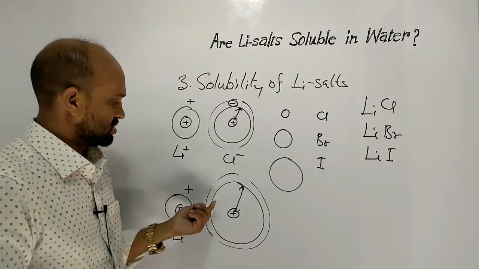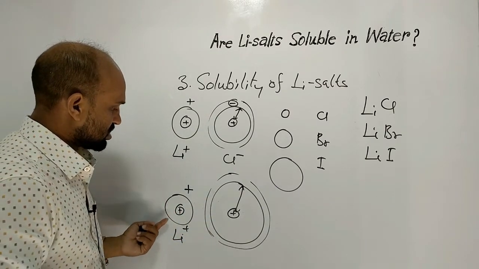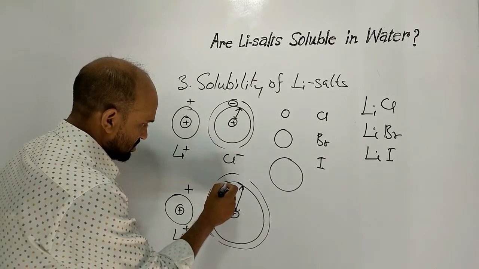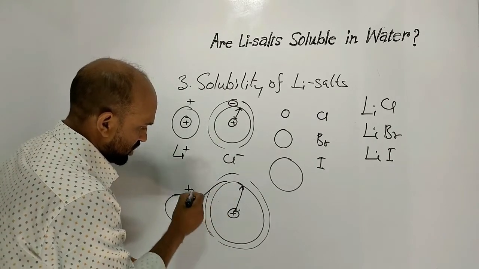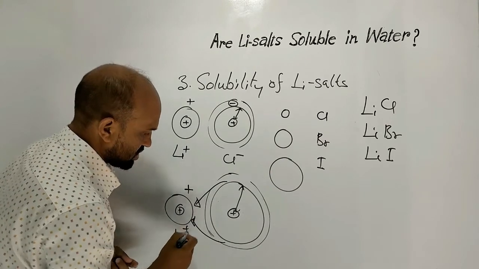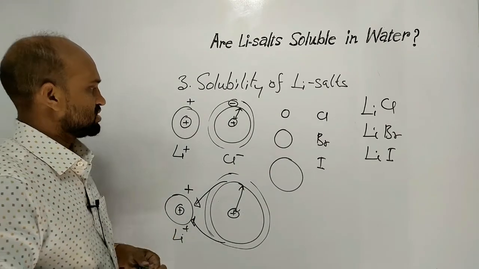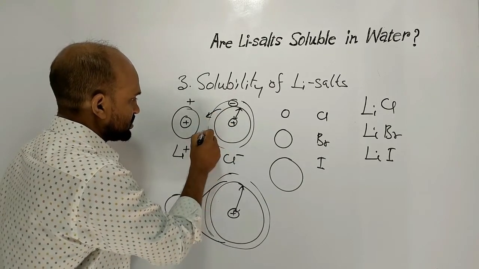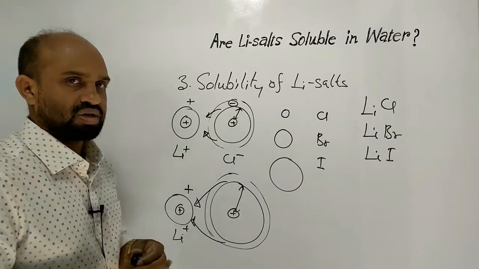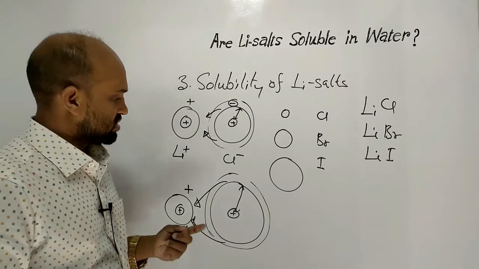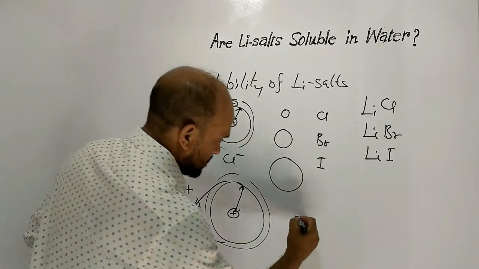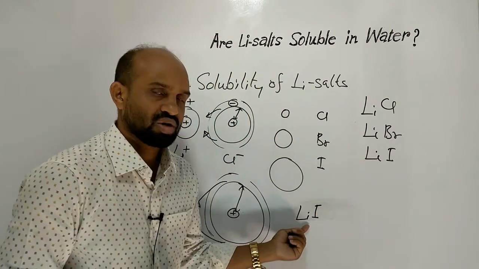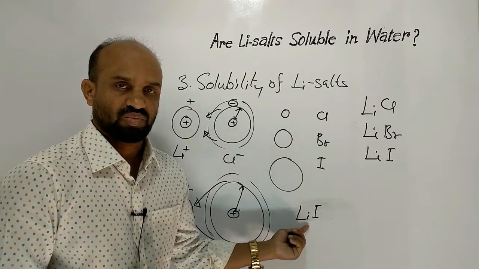Because of this, due to the attraction of the cation lithium ion, polarization happens on a large scale here. But in this case, polarization happens on a limited scale. That is why lithium iodide converts to a covalent compound.